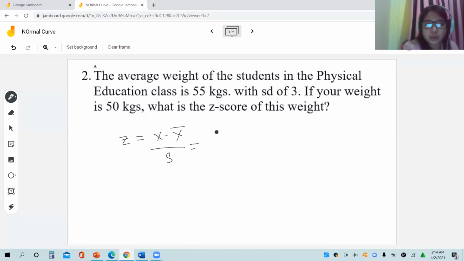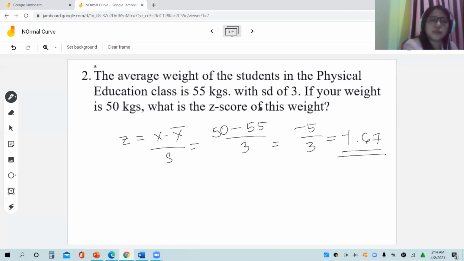X is 50 kilos less the 55 all over 3. So it's negative 5 over 3, and this will give you negative 1.67. This is the z-score of the student's weight, which is 50 kilograms.